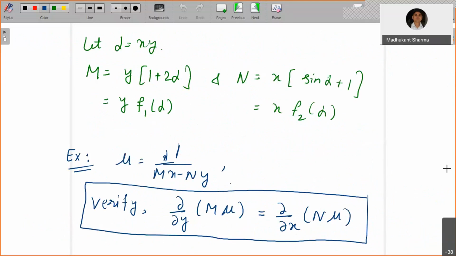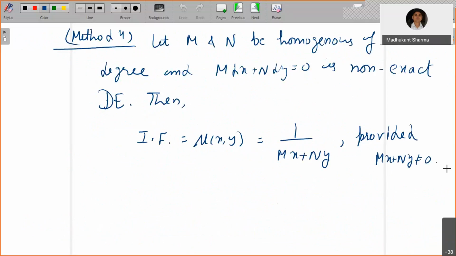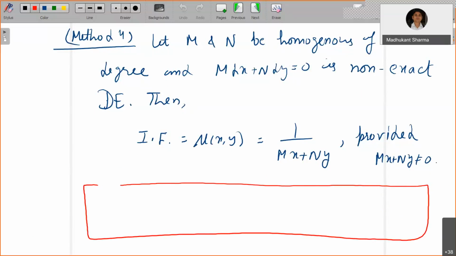You have some problems in the tutorial sheet which fall into this category, where M and N are homogeneous functions of the same degree. So what does that mean? Then dy by dx is equal to minus M by N, which is a homogeneous equation. That is the meaning of a homogeneous differential equation.